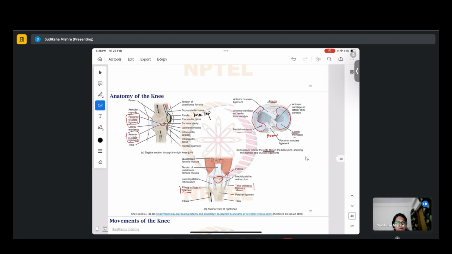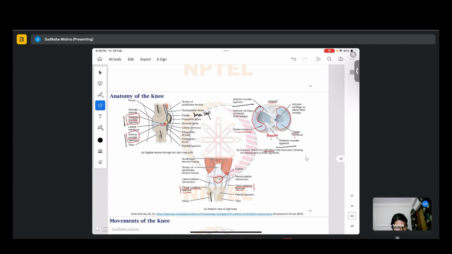And there are a lot of muscles and tendons that stabilize this joint, particularly the cruciate ligaments, the posterior cruciate ligament and the anterior cruciate ligament, which can be appreciated here and here. If this is the posterior side and the anterior side, these hold together the joint very well.